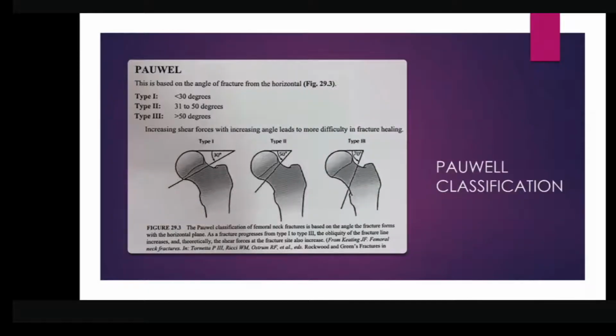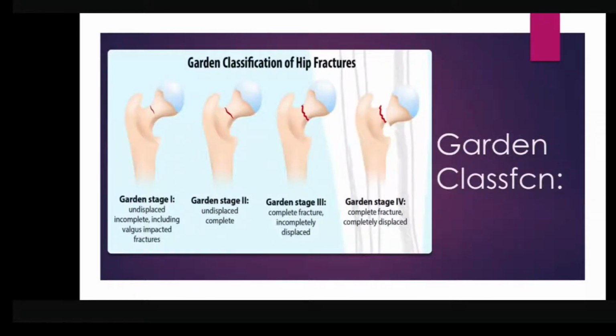Whatever you write, both are correct theoretically. Garden type 1 is undisplaced partial fracture. Garden type 2, complete fracture but undisplaced. Garden type 3, complete fracture, partially displaced. Garden 4, complete fracture, completely displaced.